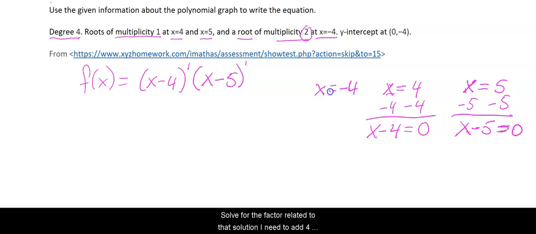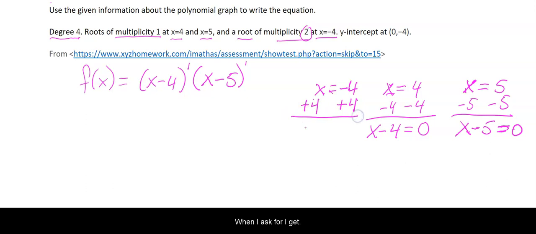To solve for the factor related to that solution, I need to add 4 to both sides of the equation. When I add 4, I get x plus 4 equals 0. So my factor here is x plus 4. And my multiplicity would have to be 2.